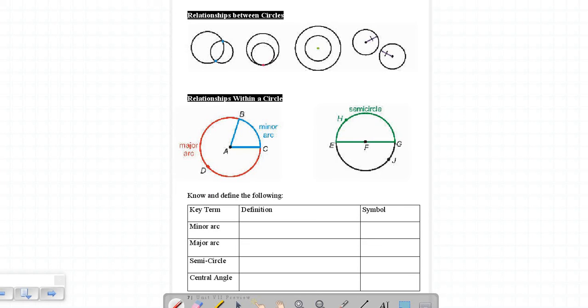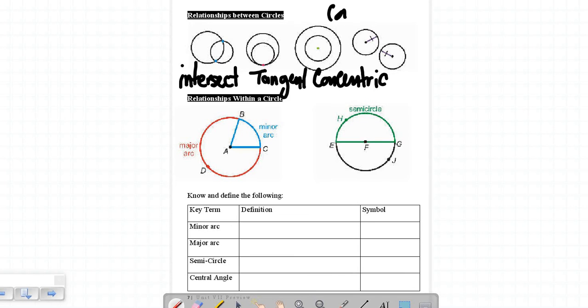Now, there's some relationships within circles that you need to be familiar with. Circles can intersect each other at intersection points.